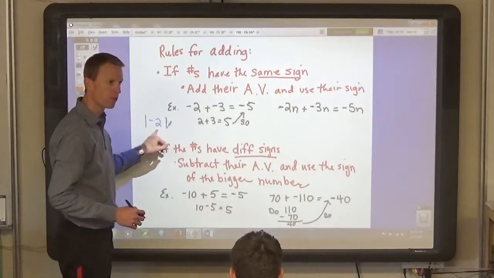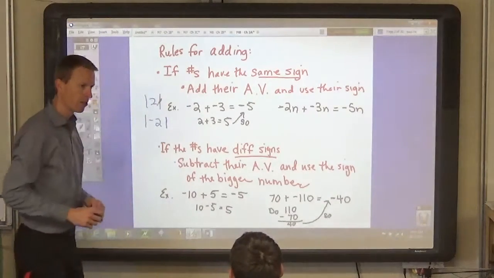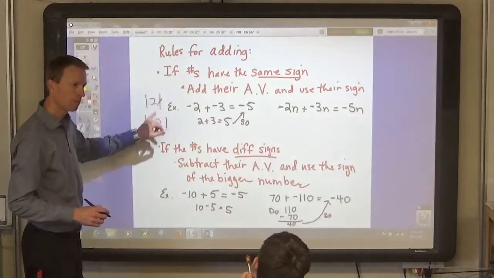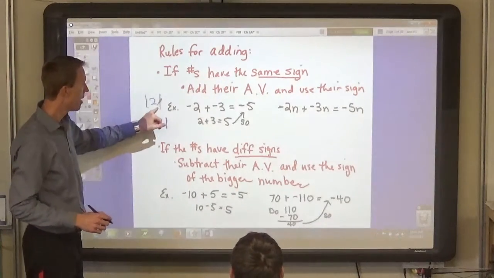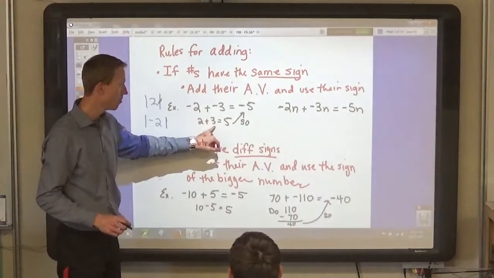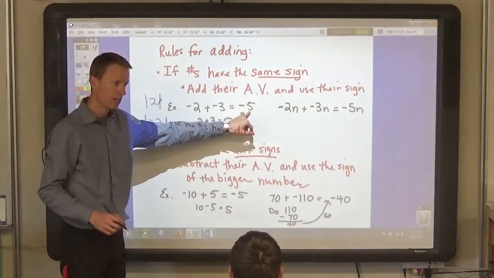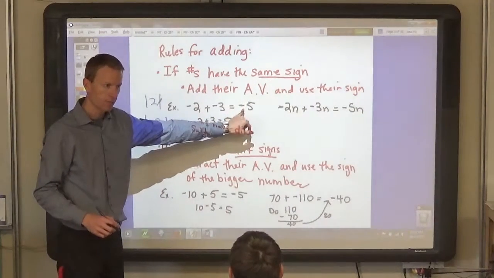This is 2 spaces from 0. -2 is 2 spaces from 0. +2 is 2 spaces from 0. So these have the same absolute value, right? Mm-hmm. Now, since both of these are negative, if you add their absolute values, you get the answer. But because they're negative, it is more negative.